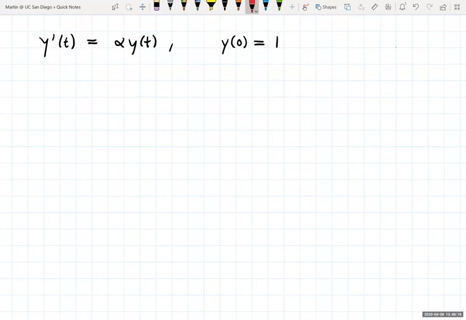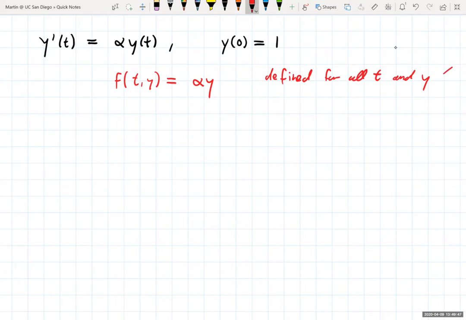In that example, the right-hand side of the ordinary differential equation can be written as f(t,y) defined as alpha times y. Okay, certainly this is defined for all t and y. It's also continuous.